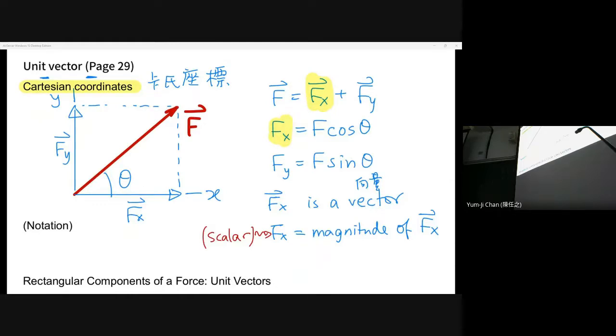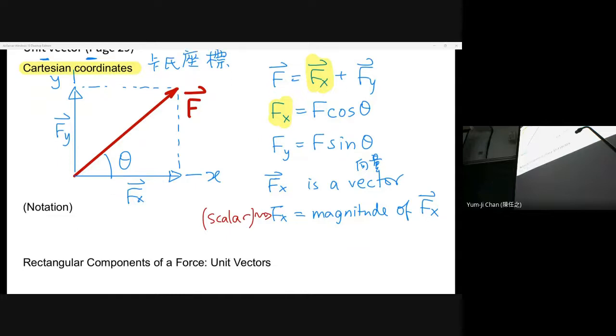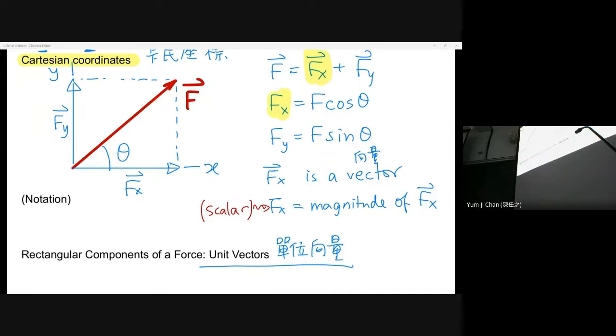Now, because we all know that x is horizontal and y is vertical, we want to rewrite this and make it easier to understand. So we introduce a thing called a unit vector.